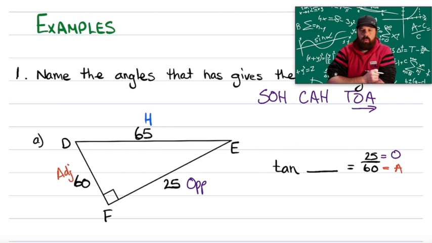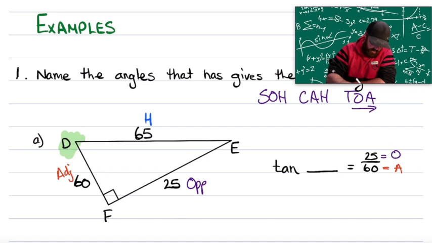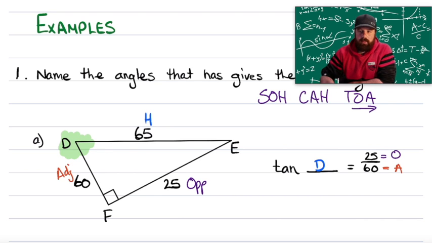Let's just double check that with adjacent. The word adjacent means it's next to the reference angle. Well, 60 is next to D, and it's next to the right angle. So over here, D must be our reference angle. So the answer to this question is tan of angle D equals 25 over 60.